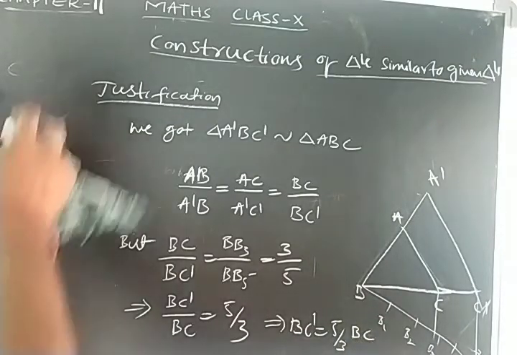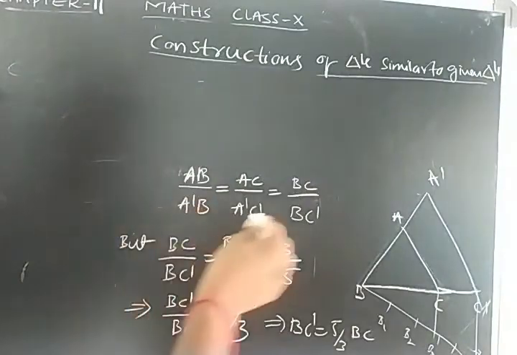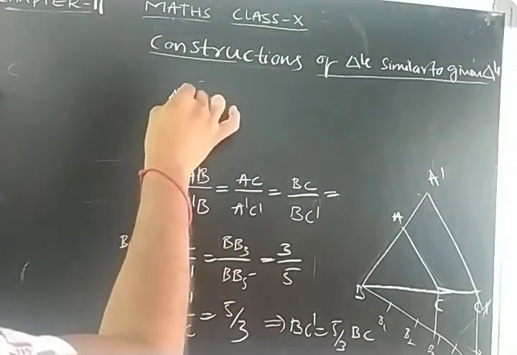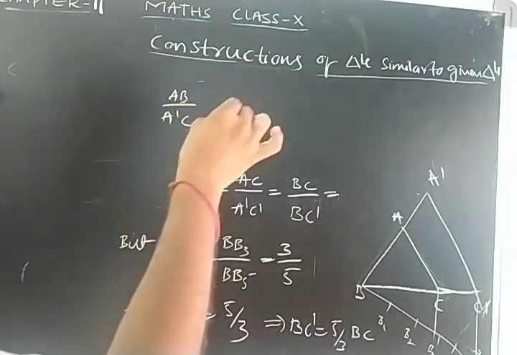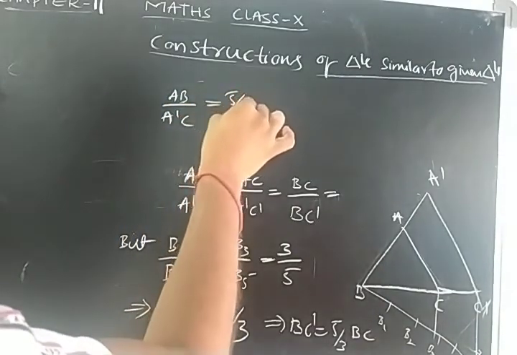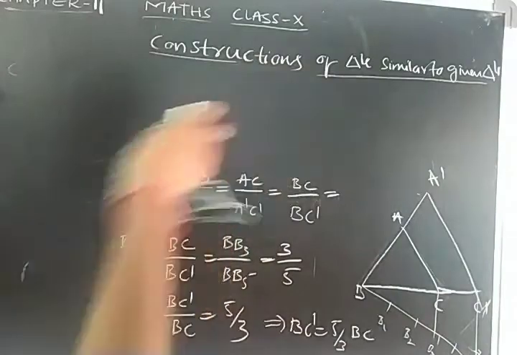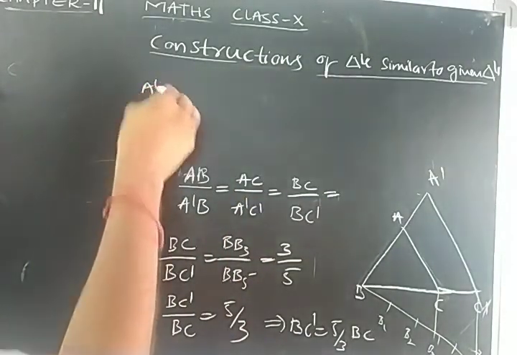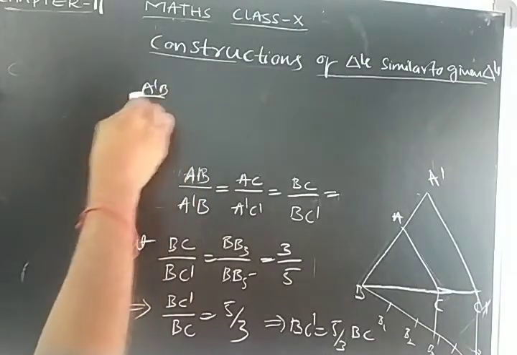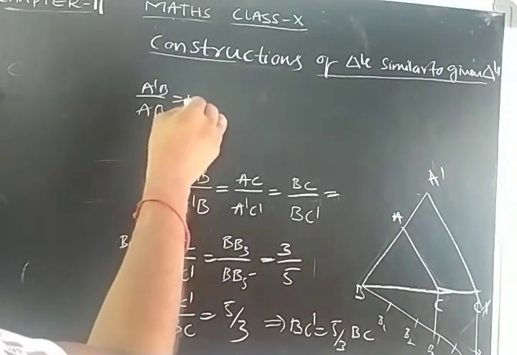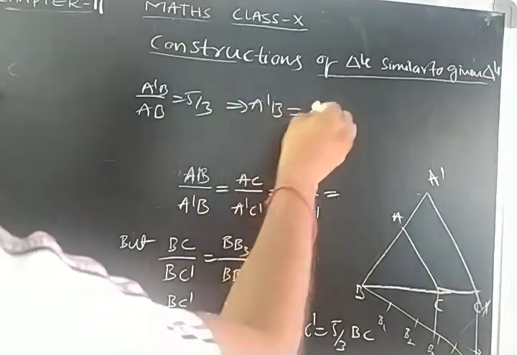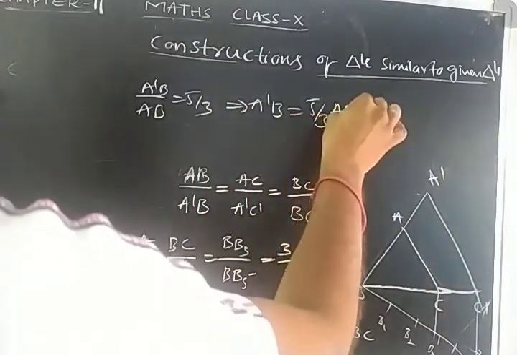Similarly, we can prove the others. Taking the reciprocal, A dash B by AB is also 5 by 3. From this we can write that side A dash B is also 5 by 3 of the given triangle's AB.